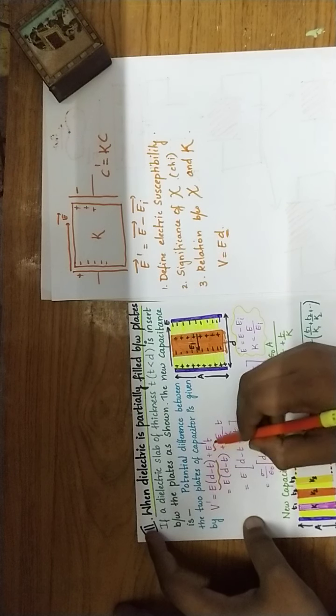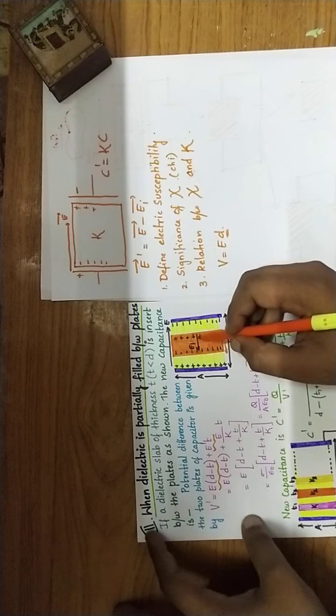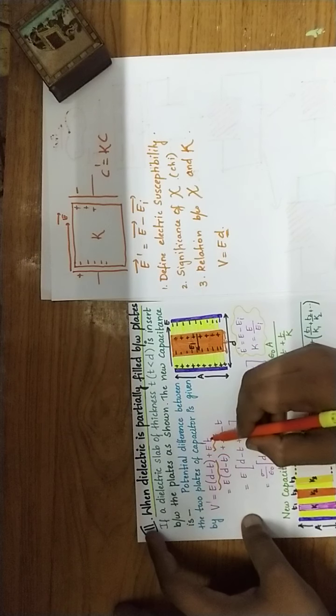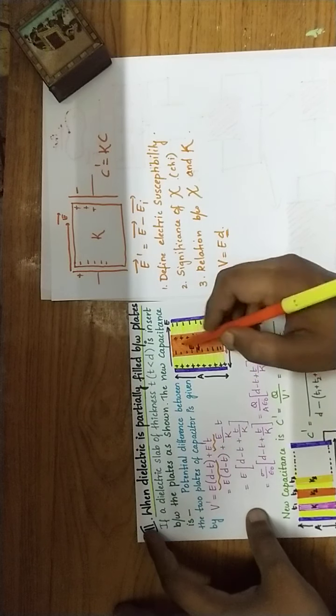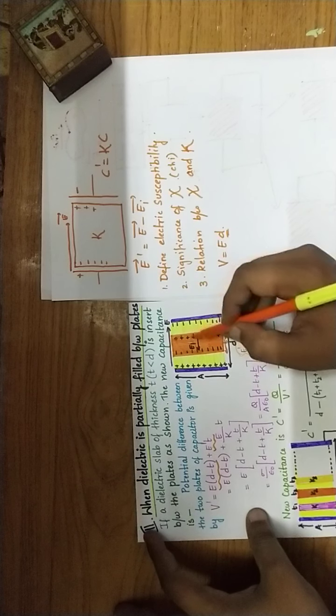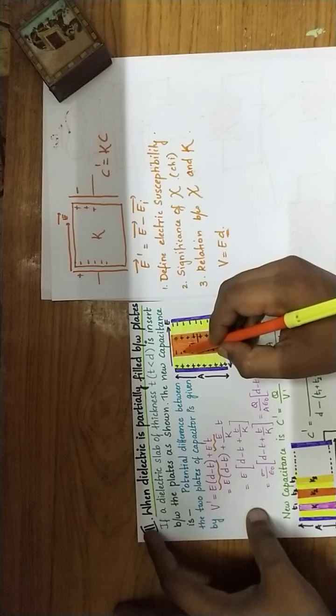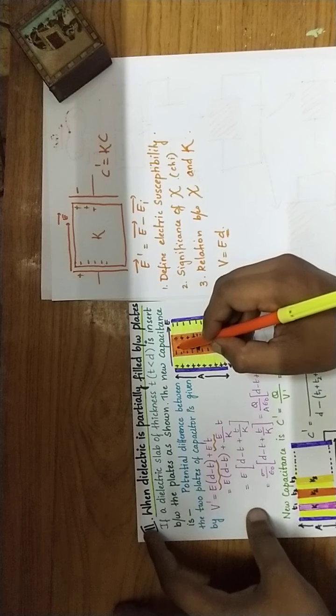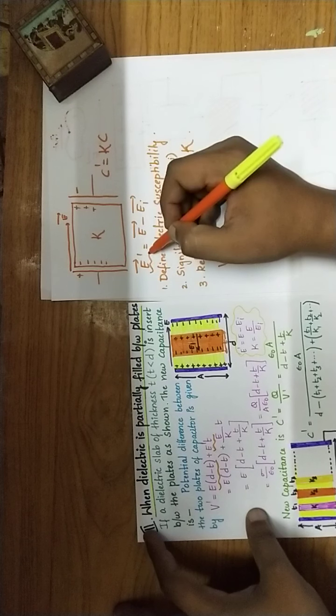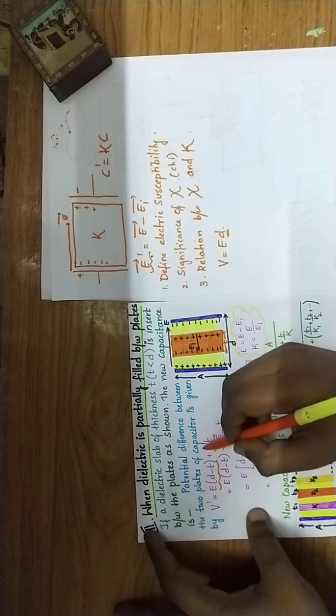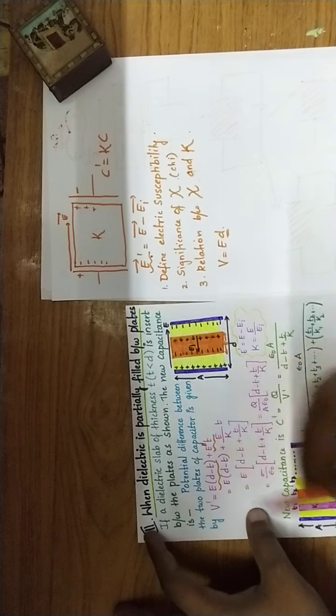For the dielectric, the electric field is going to be E prime into T, because the original field and the induced field combine to give a resultant reduced field, denoted by E prime.